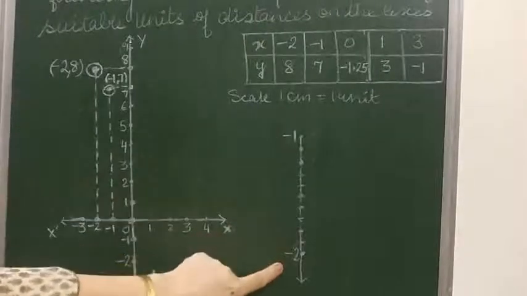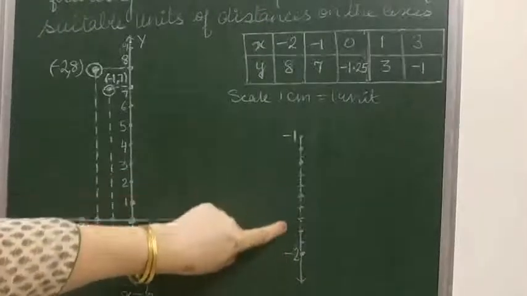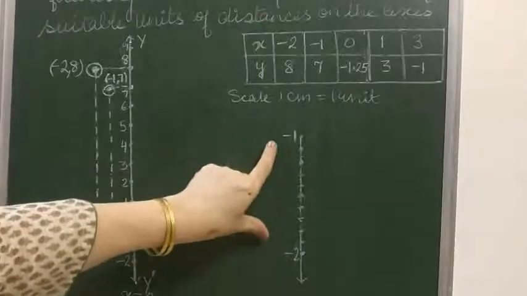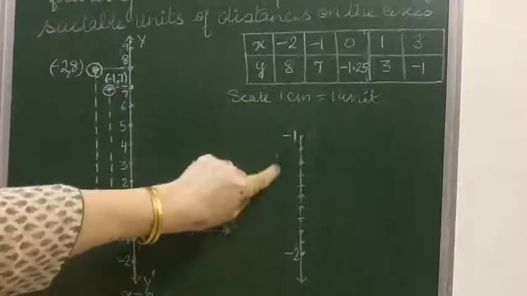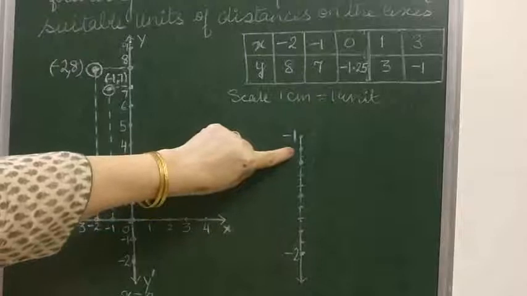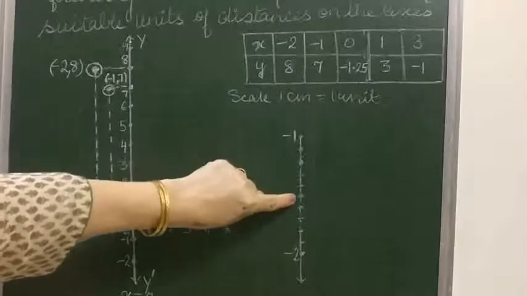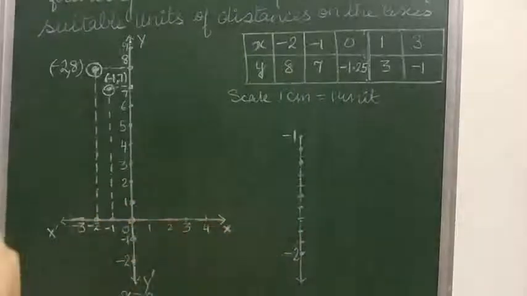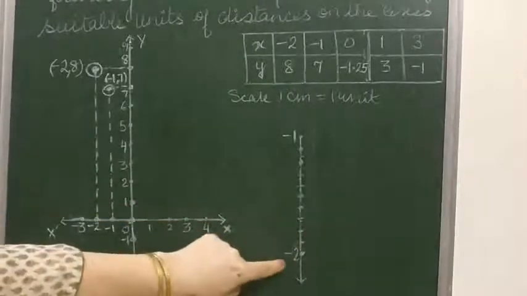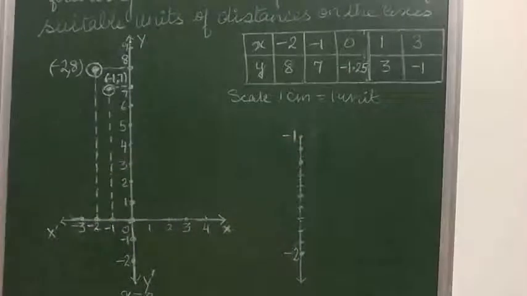When you draw it on graph paper, if 1 centimeter scale is chosen, there will be 10 lines from here. That means 1, 2, 3, 4, 5, 6, 7, 8, 9 and the 10th will be -2. So now you have to plot the point -1.25.